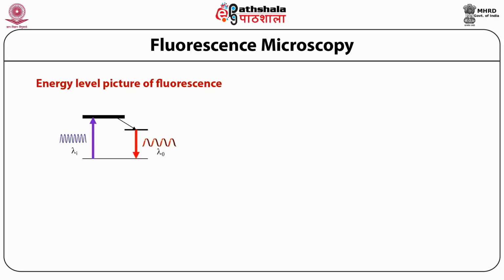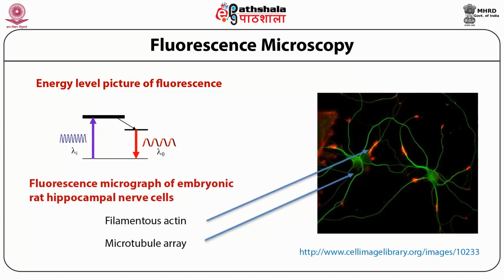Because the energy separation between this final state and the ground state is smaller than the initial two states participating in the excitation process, you get a wavelength which is larger, or photons having energy smaller than the incident photons. As an example, a picture is shown where fluorescence microscopy was used to image embryonic rat hippocampal nerve cells.